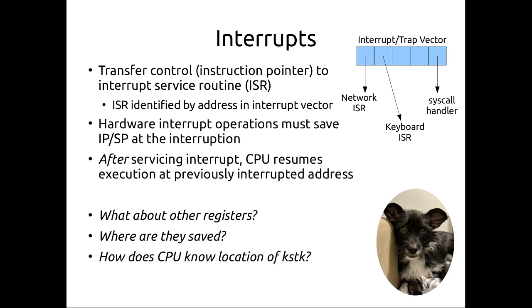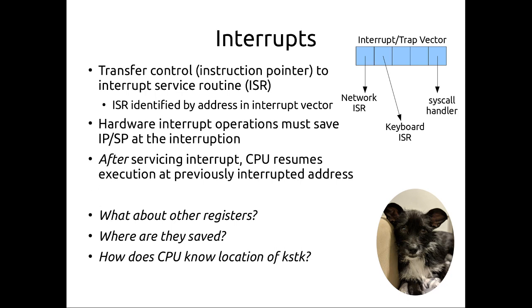And that's how the hardware knows, by looking up the entries in this array, which you see on the right, where the code for the handler for that specific interrupt or the system call is, right? So we can see here that in the first entry in the interrupt vector and the second entry, we have the network interrupt service routine and the keyboard interrupt service routine, respectively.